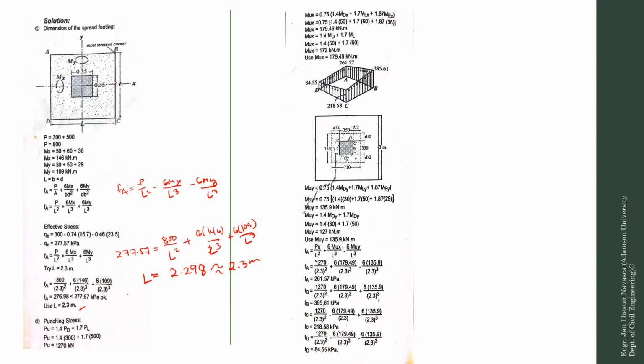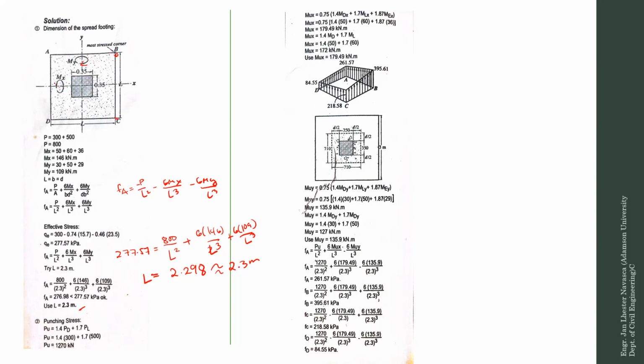And paano nalaman yung most stress corners? So hanapin niyo lahat dito yung may compression sa X, compression sa Y. So kung ganyan yung inyong moment sa X, therefore, ito yung most stress, ito yung compression part, ito yung tension part. Pero kung ganyan yung moment nyo sa MY, ito yung arrow.